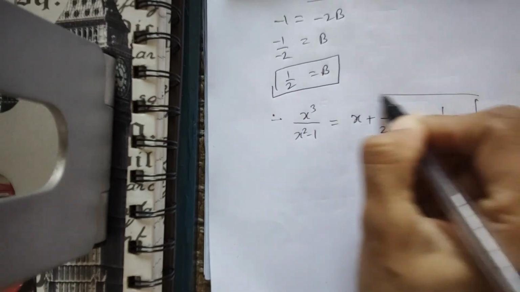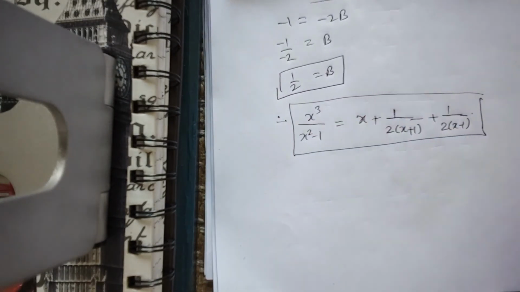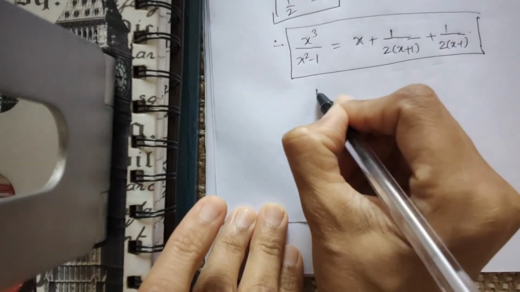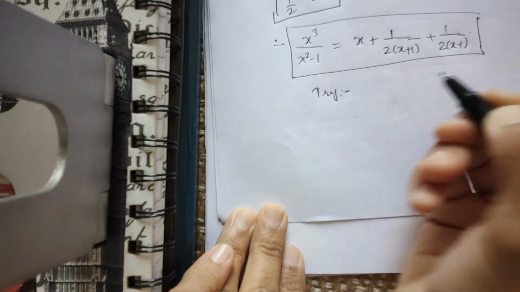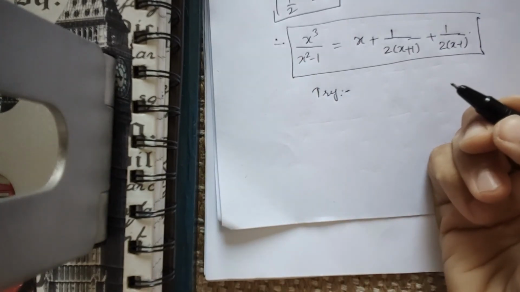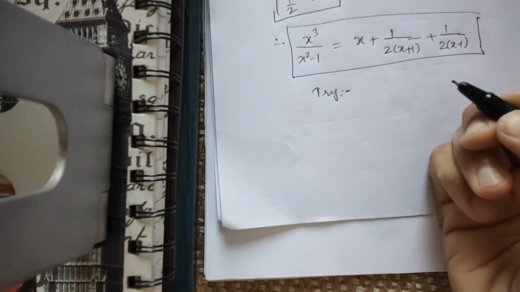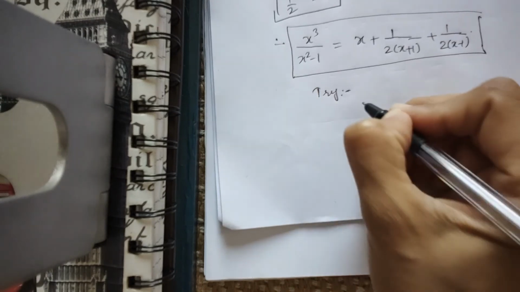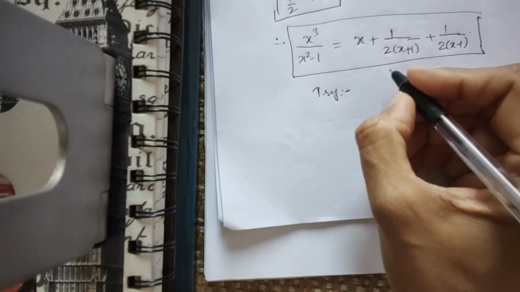Okay, so I hope you understand it. Just try to solve this example and check whether you are able to resolve it into a partial fraction or not. So first of all, you need to convert this thing into proper fraction.